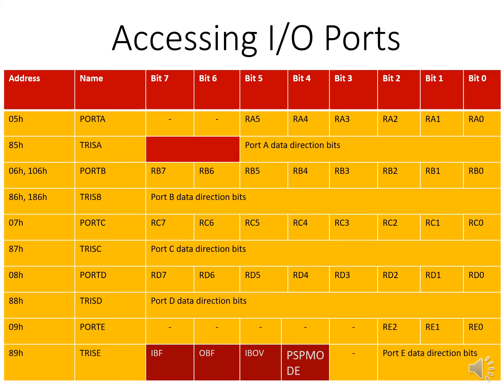Port B data register is at address 06H and is mirrored at address 106H. TRIS B port direction register is at address 86H and is mirrored at address 186H. Port C data register is at address 07H, and so on, as can be seen on the illustration.